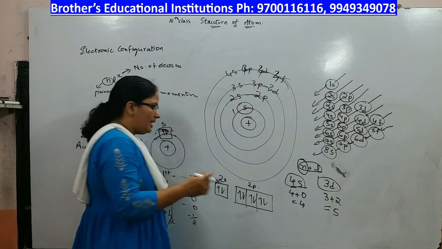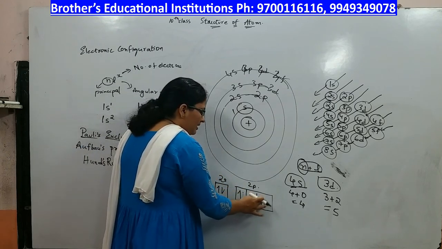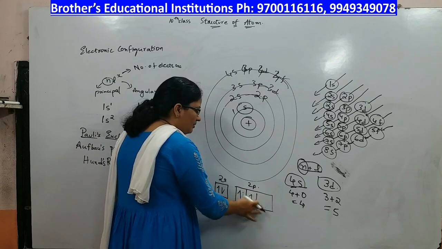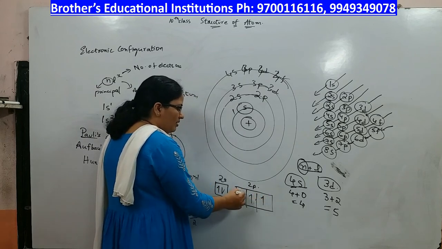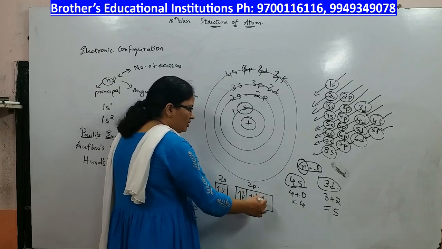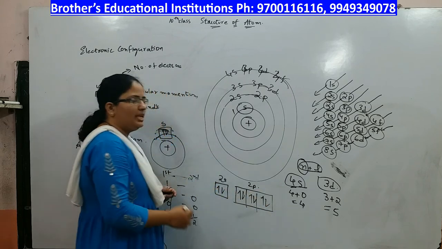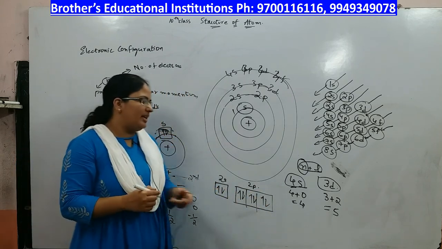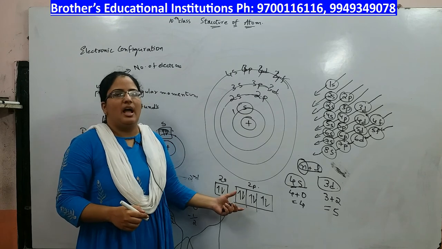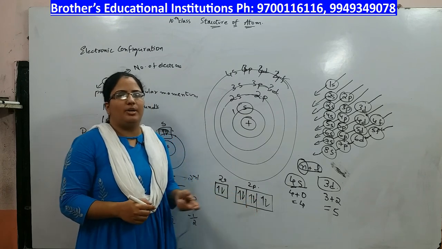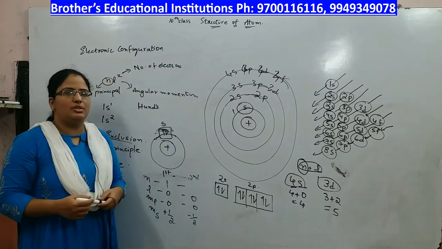So when the electrons are filled like this, the next electron should come here, the next here, the next here, and the last must come here. So pairing takes place only after the half filling of degenerate orbitals. This is Hund's rule.